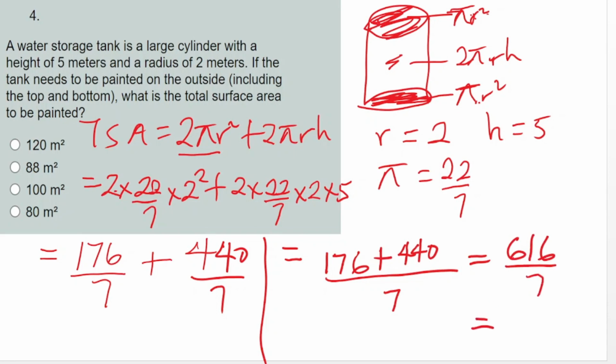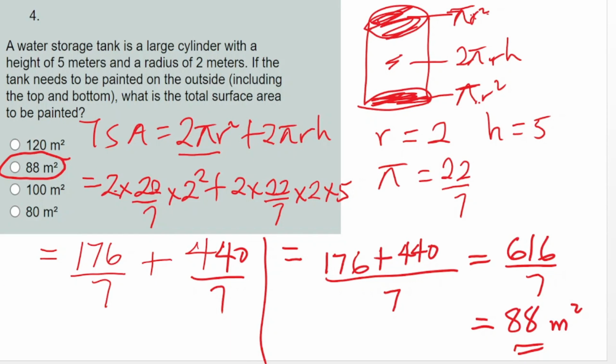That is divided by 7. That gives us 88 meters squared. So that is the answer, option B. Because the pi has been substituted, that is the reason why we did not have pi as part of the options.